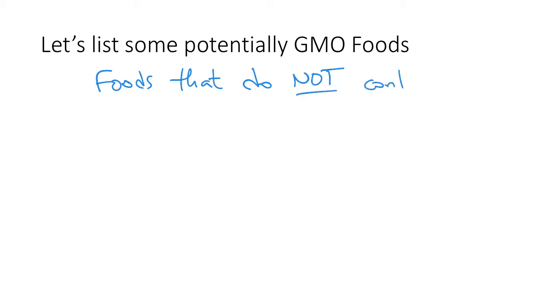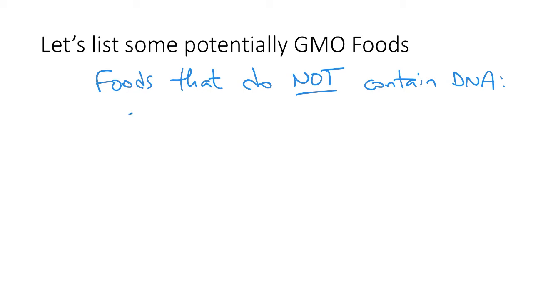Instead of what this slide says, I'd like to generate a quick list of foods, things that we eat that do not contain DNA. That is, foods that didn't come from a living organism. What things do we ingest that are not potentially genetically modifiable?